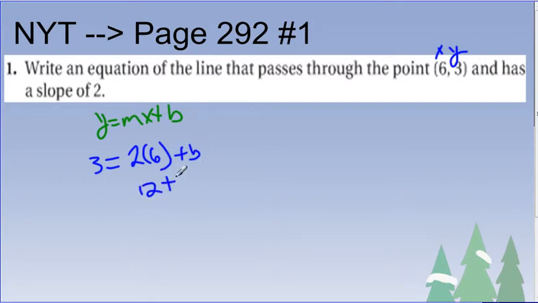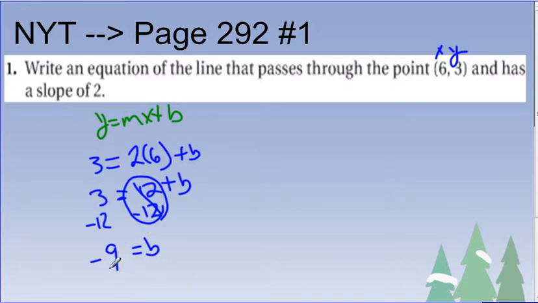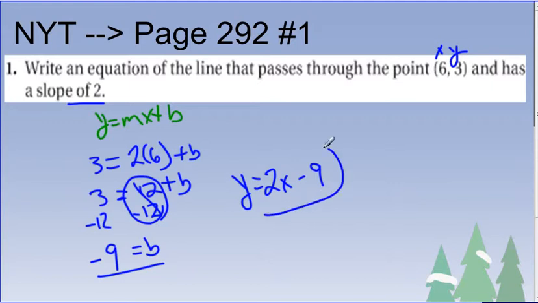That's a 12. This is positive. The way we get rid of a positive 12 is we subtract 12. These cancel, minus 12 here. b equals a negative 9. So we have slope, we have intercept.